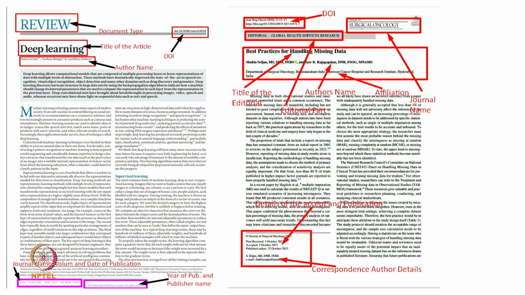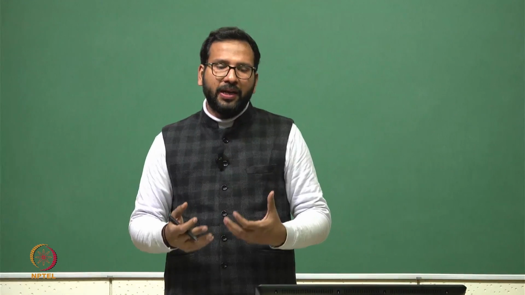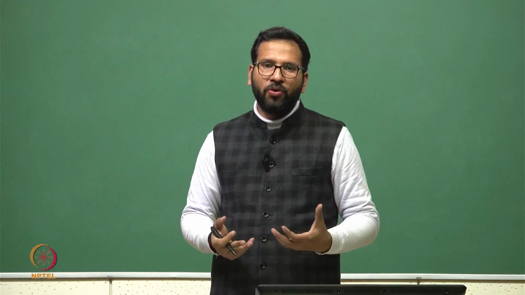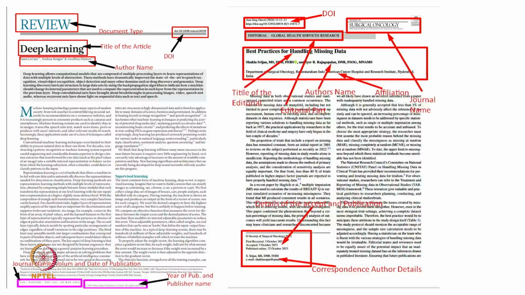Okay. The next document type is a review paper. A review paper generally represents a comprehensive overview of the original published research, and includes an extensive bibliography on a topic or a theme. This is an example of a review paper on deep learning.